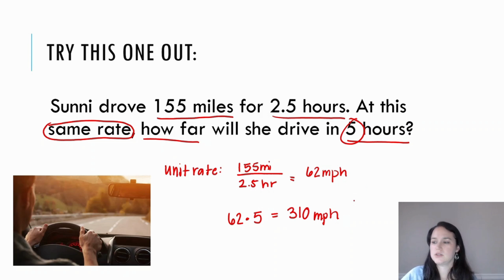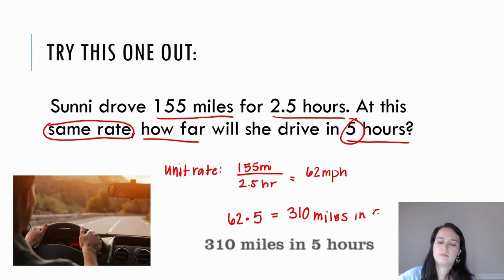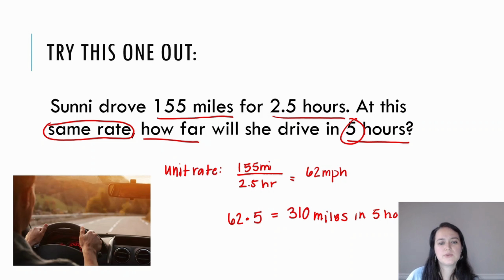Okay? So that's for 5 hours she's gone. Oh, I'm sorry. Miles. Whoops. There it is. She's gone 310 miles in that 5 hours. And we used a unit rate to figure that out. Okay, there's a couple ways you can figure these ones out, but with a unit rate, that can usually be a fast method for you to do that.